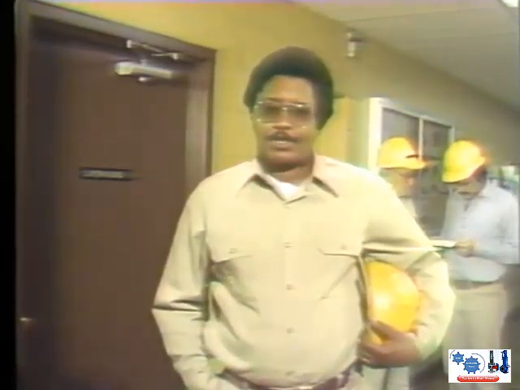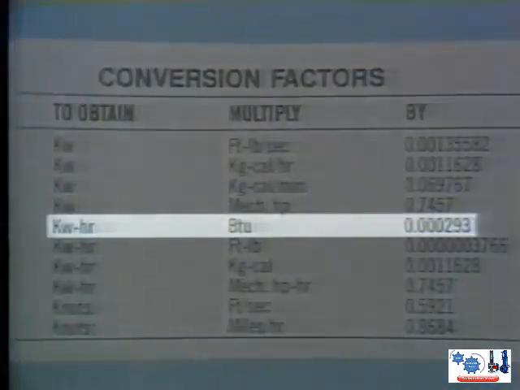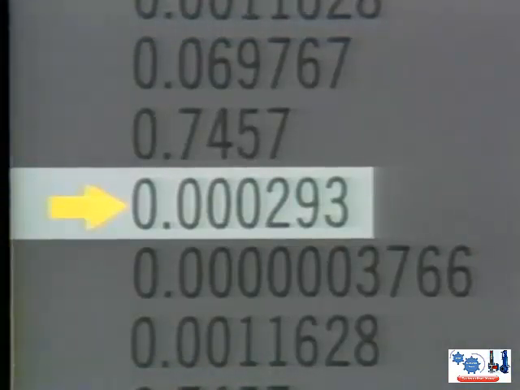All right, we know how many BTUs are lost in 1 hour, but we don't sell electricity by the BTU. We sell it by the kilowatt hour. To find out how many kilowatt hours are in 3,328,000 BTUs, we have to use the conversion factors in our steam tables. Looking for the conversion factors, we find that to obtain kilowatt hours from BTUs, we need to multiply the BTUs by 0.000293.